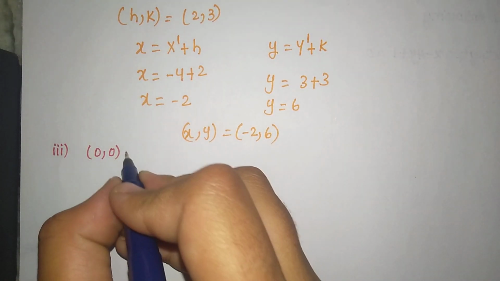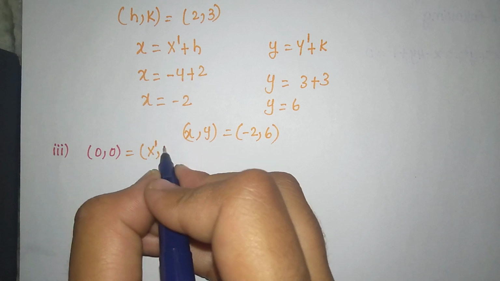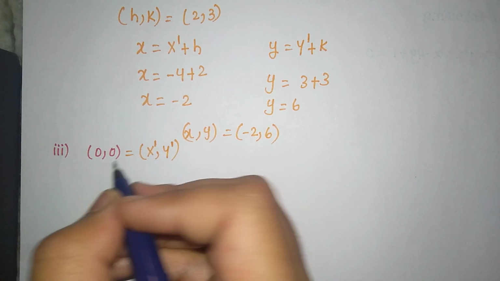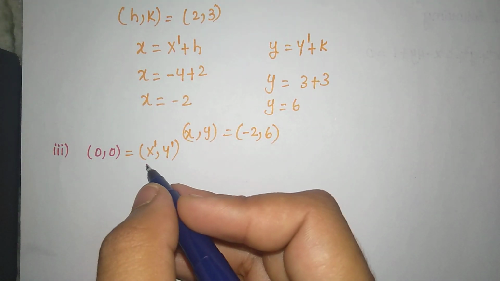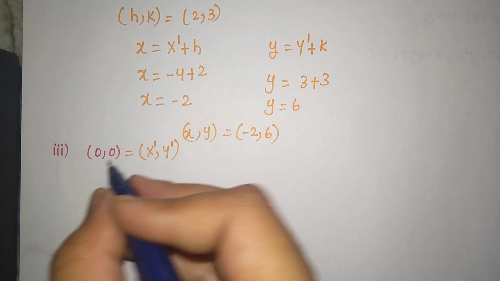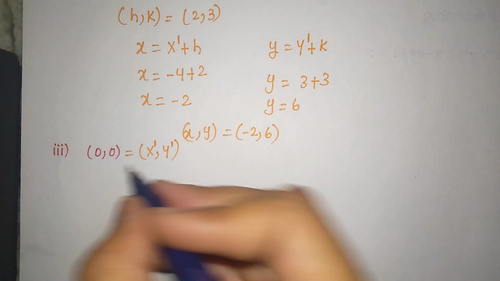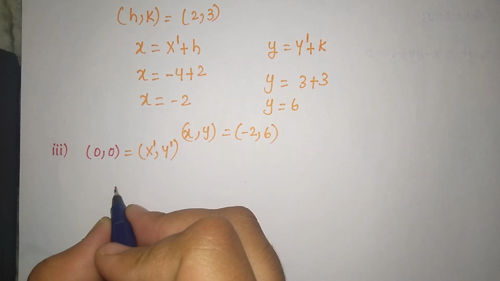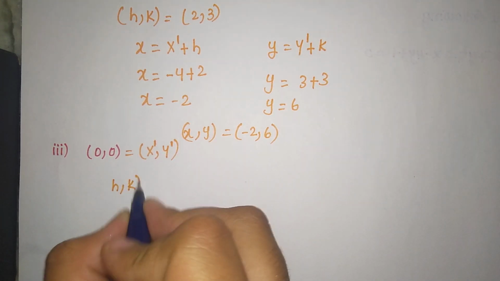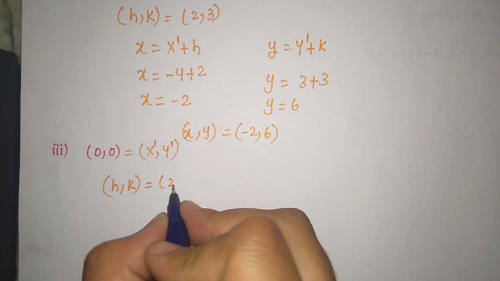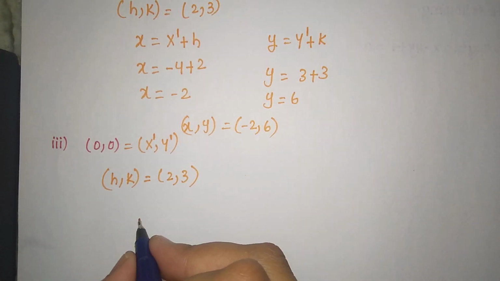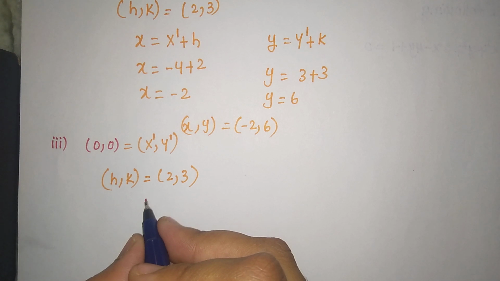So next one. They have given the old axis is shifted to 0 comma 0. Sorry. They have given the old axis, and the shifted origin h comma k is 2 comma 3. So they are asking us to find out the old axis.